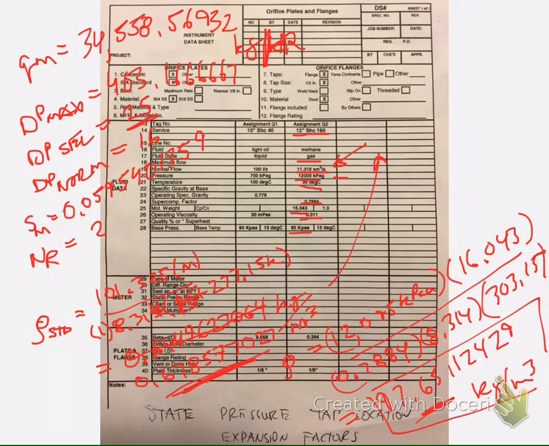Let's see, 2,916,390.749. And our beta here equals 0.3142428,163.